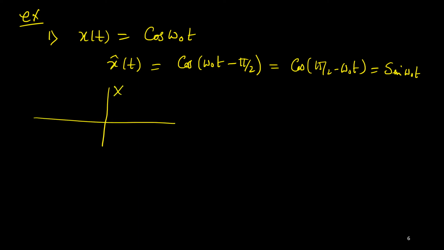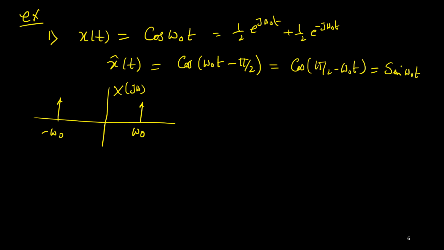Now using the spectrum also we can understand, because capital X of j omega for this cos signal has two spikes, two delta functions, one at plus omega naught, the other at minus omega naught, because this is half e to the power j omega naught t plus half e to the power minus j omega naught t.